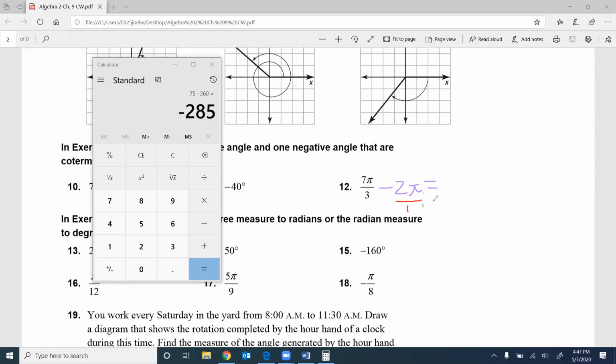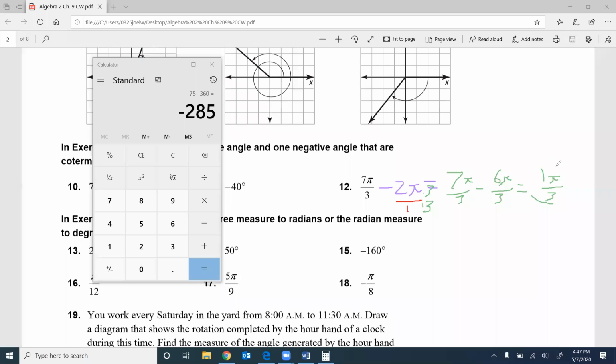So I'm going to multiply top and bottom by 3, giving me 7 pi over 3 minus 2 times 3 is 6 pi over 3. If I subtract now, I get 1 pi over 3.